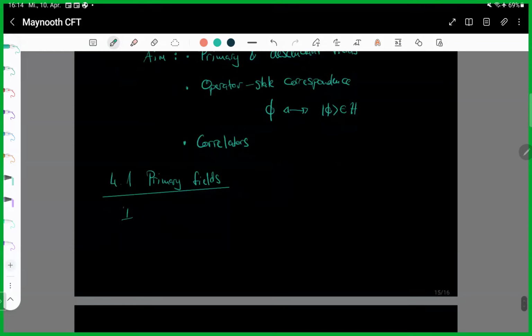Let me remind you that in QFT, or in general, always when symmetries are around, fields fall into representations of the symmetry algebra. I don't know how comfortable you feel with the word representation.